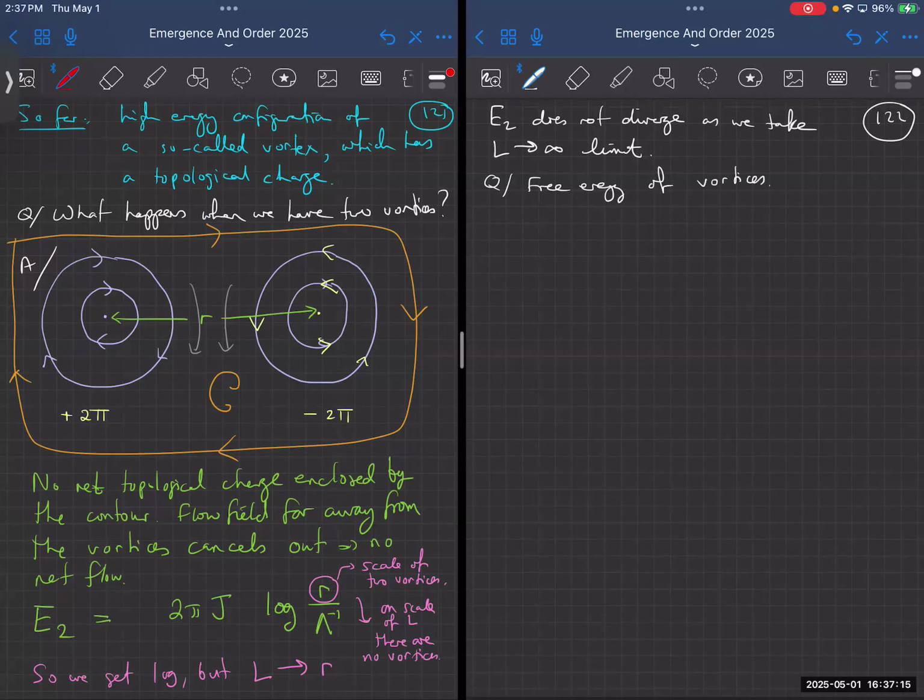I'm going to make the claim that at low temperatures, vortices get bound together in pairs, which are equal and opposite.